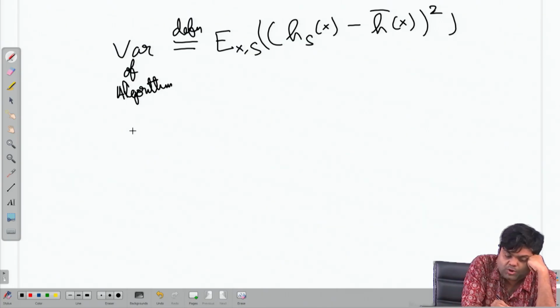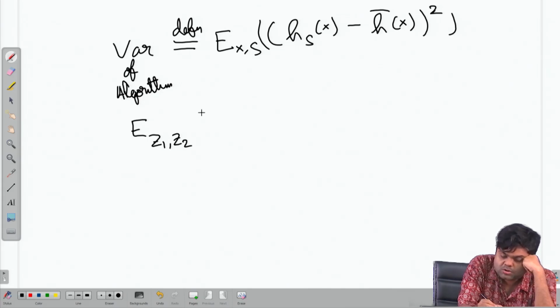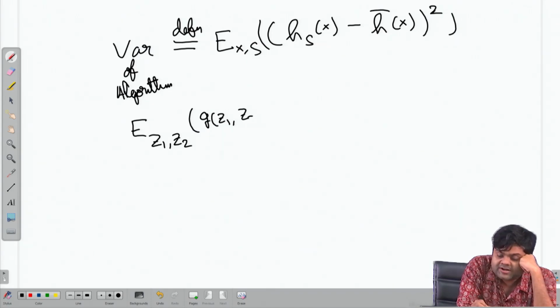Now, we observe that the expected value of any function g(z1, z2) of two variables z1, z2 follows the law of iterated expectation.